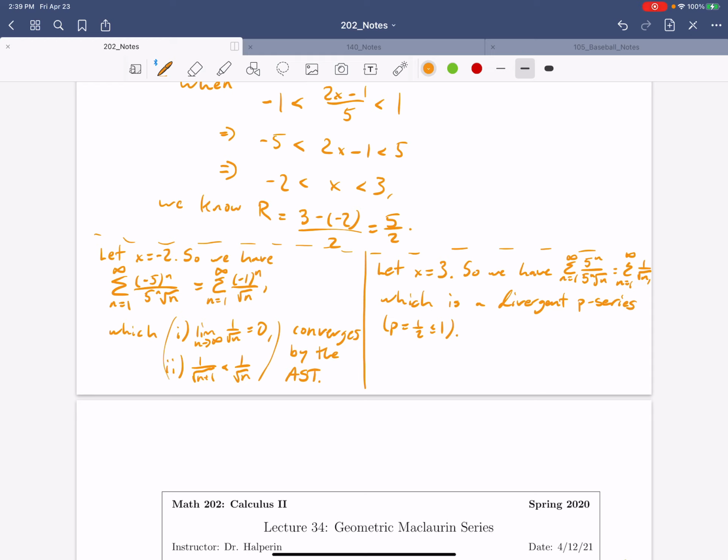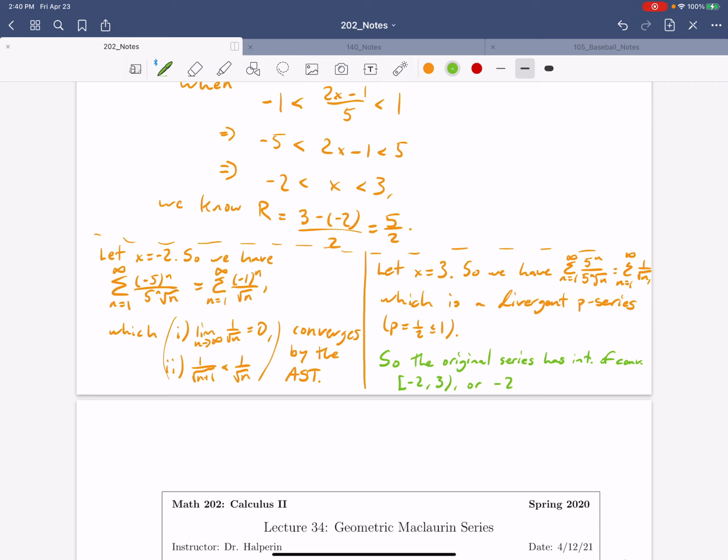Okay? So just to answer the question, the original series has interval of convergence, I guess you could say, negative 2 with a bracket to 3 with a parenthesis.